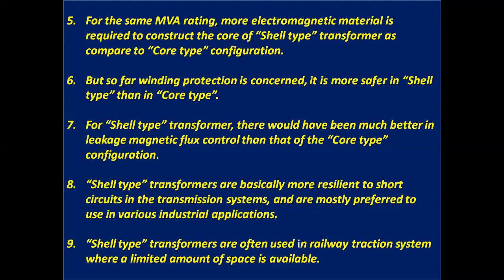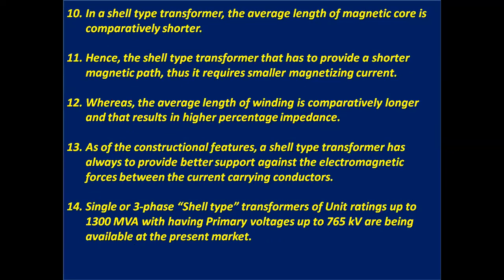That is, special types of industrial applications. Shell type transformers are often used in railway traction systems where a limited amount of space is available. In a shell type transformer, the average length of the magnetic core is comparatively shorter.